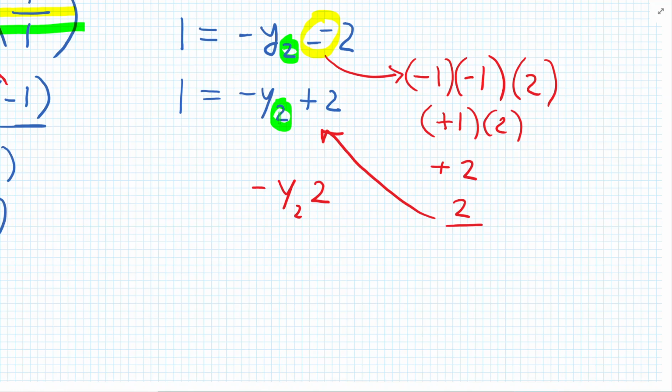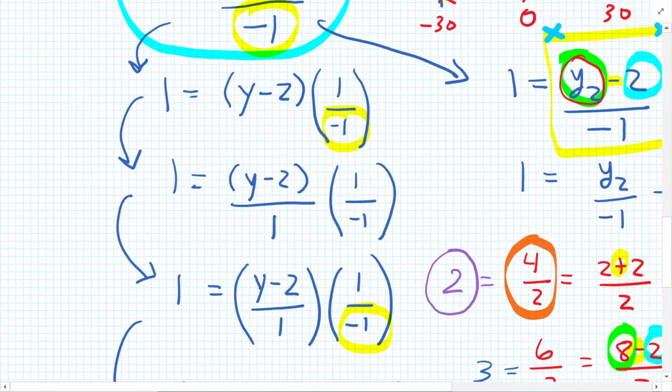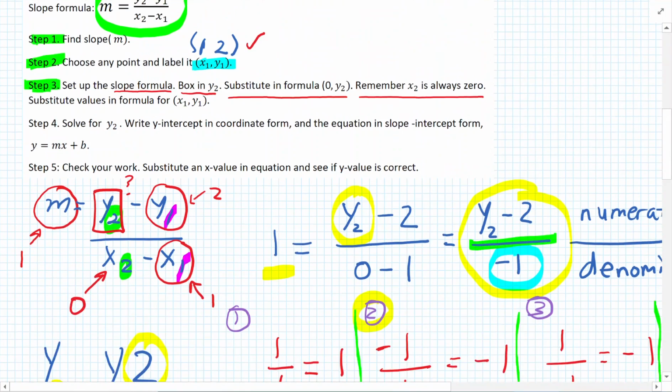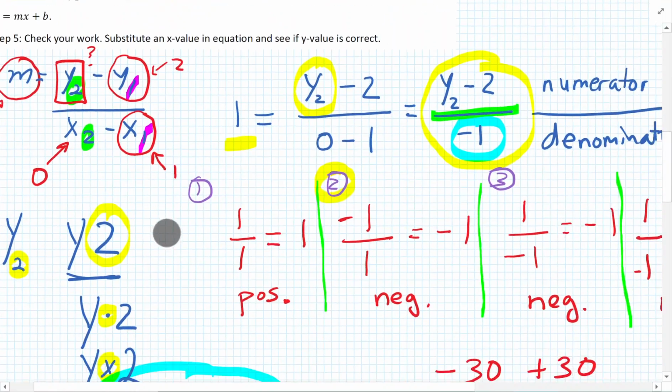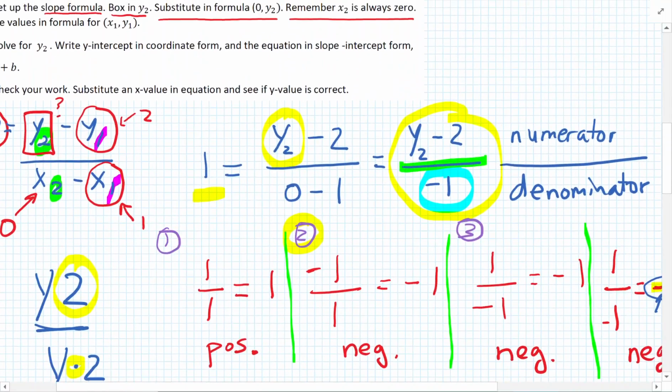I almost honestly prefer, after you've set up a problem and we have slope equals y2 minus y1 divided by x2 minus x1, if after you've done that you only have one variable and we have a subscript of 2, and you think you can remember that it's there without writing it, that's preferred, just to remove it.